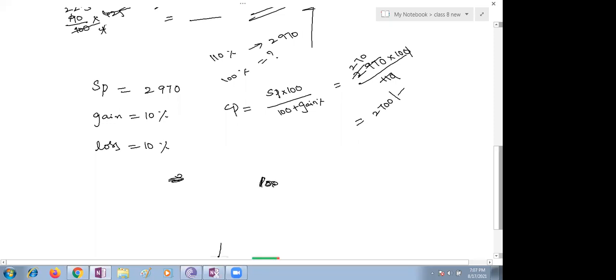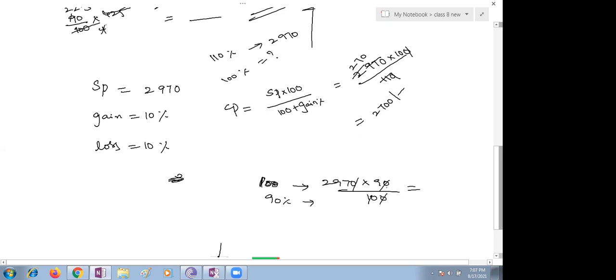You have to find out for loss, meaning 90%. So into 90 by 100. Simplify this: 297 into 9. How much, children?